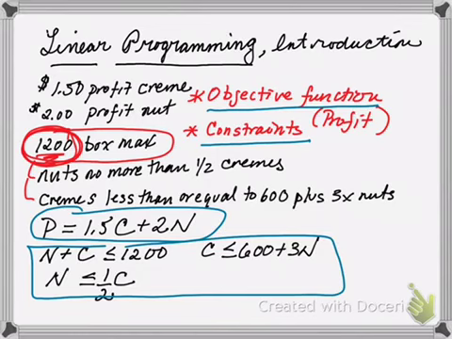It would also be something that we could go through in order to minimize a situation as well, to find what's the lowest possible thing. Like, for instance, for cost, if I want to minimize cost instead of maximize profit, this would be a situation that linear programming could deal with as well.